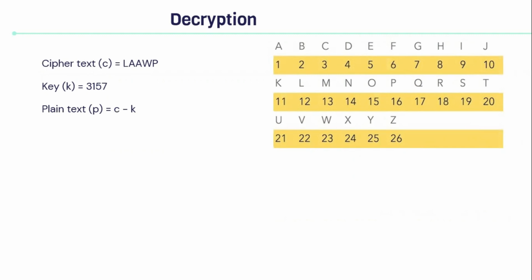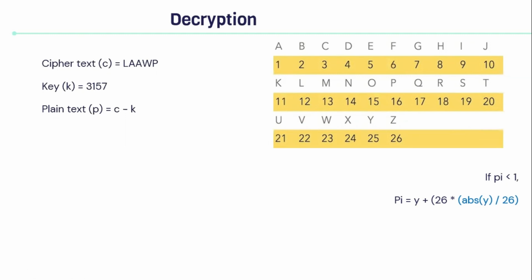The formula would be the same, which is P equals C minus K. If the value of PI, which is the plain text index, is less than 1, then we have to use this formula. Here Y represents the value of PI.